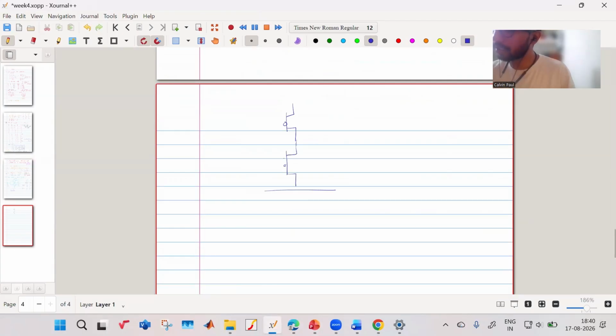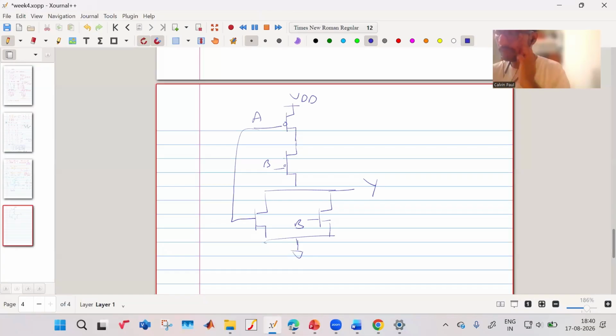Let us consider a combination, okay? This is your VDD, this is your ground, this is your output Y, this is your input A goes here, B comes here, B is also over here, okay? So this part of your circuit is known as your pull-up network. This part of your circuit is known as your pull-down network, okay?